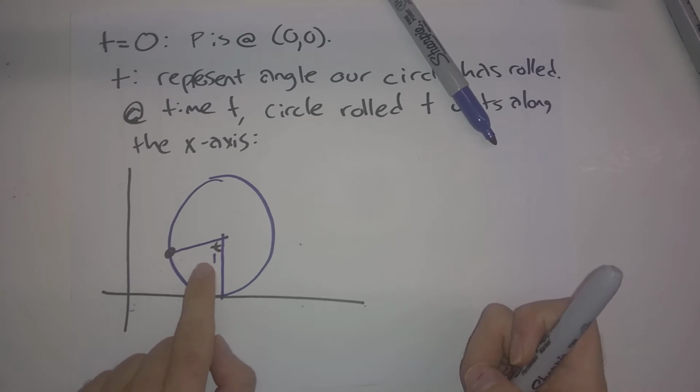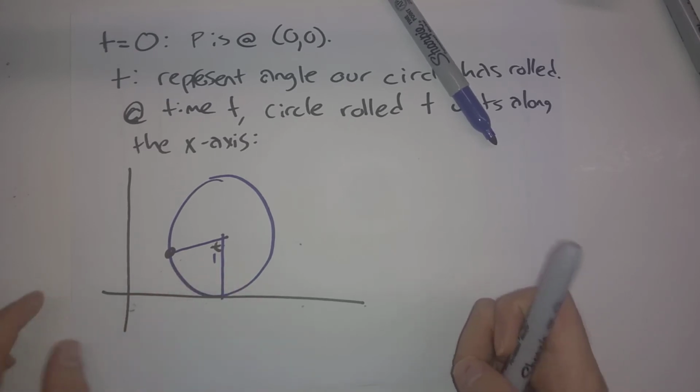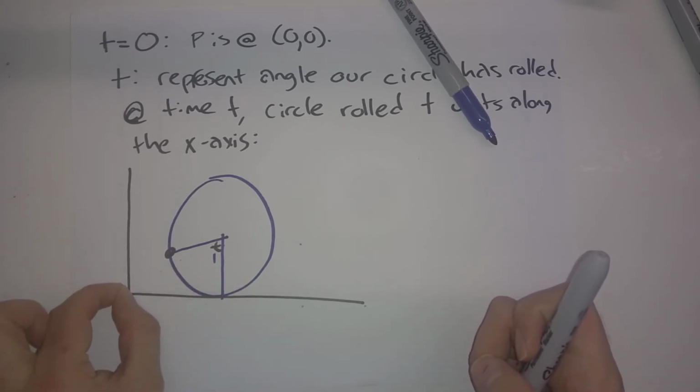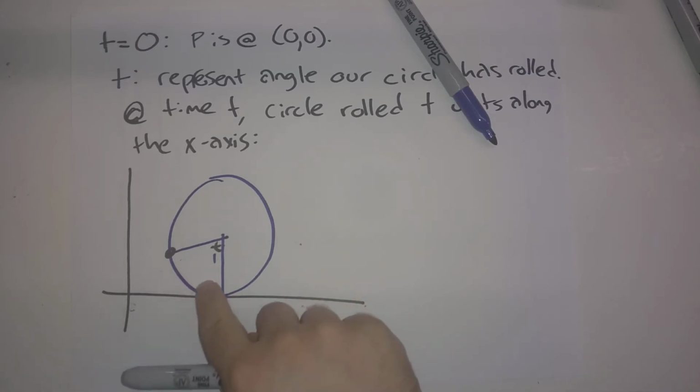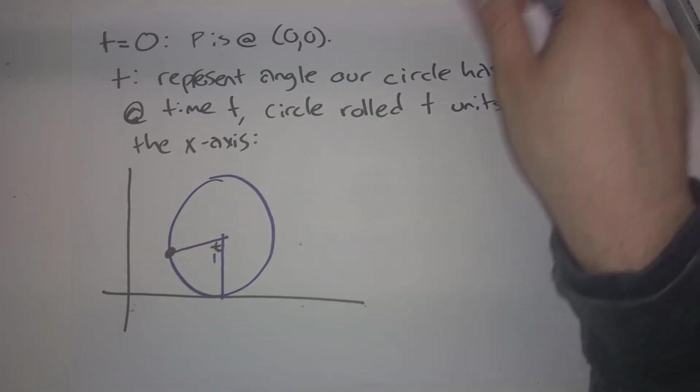So right now, our circle has rolled t radians. At the beginning, with this pointing straight down, it's rolled 0 radians. Now it's rolled some number of radians, t radians. In this picture, it's clear t is somewhere between 0 and pi over 2. It looks close to pi over 2 here.